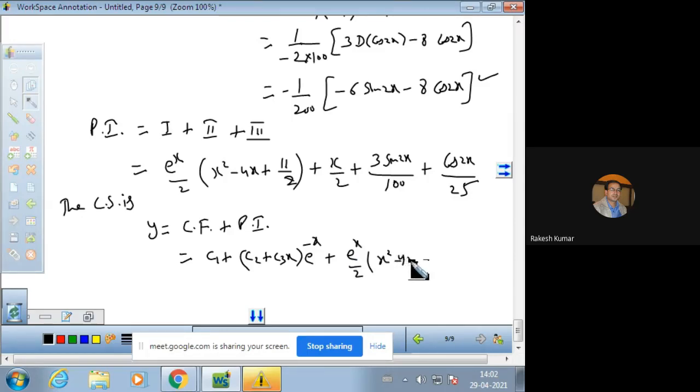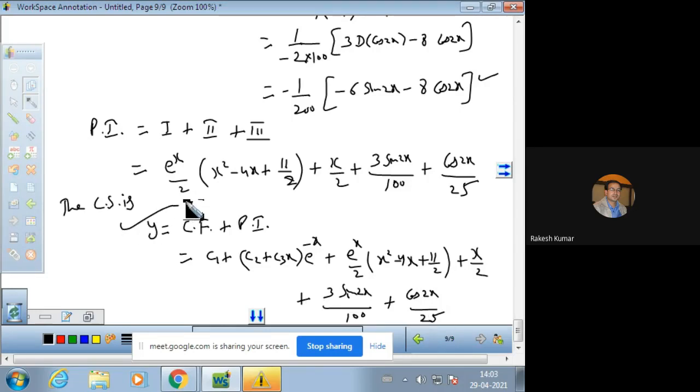So x square minus 4x plus 11 upon 2, plus x upon 2, plus 3 sine 2x upon 100 plus cos 2x upon 25. Now this is the required solution of the given differential equation, second order with constant coefficients.